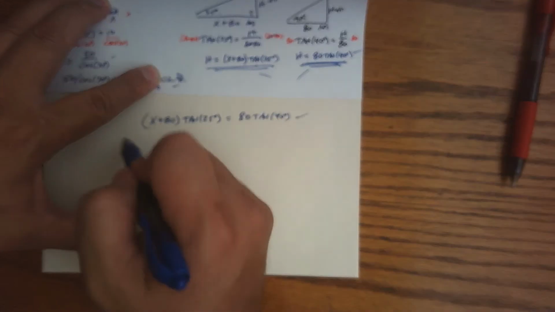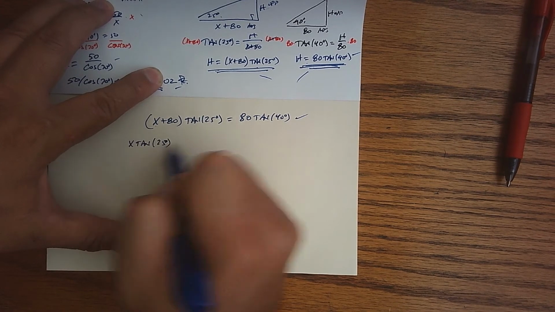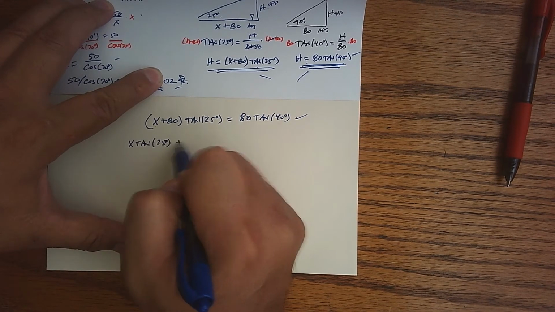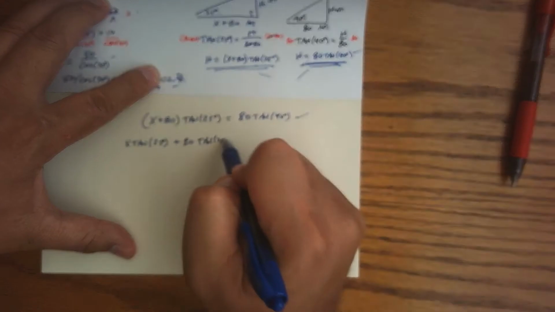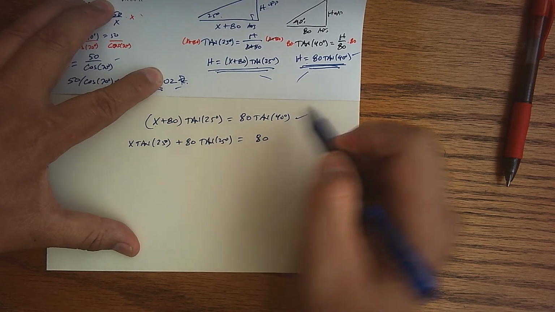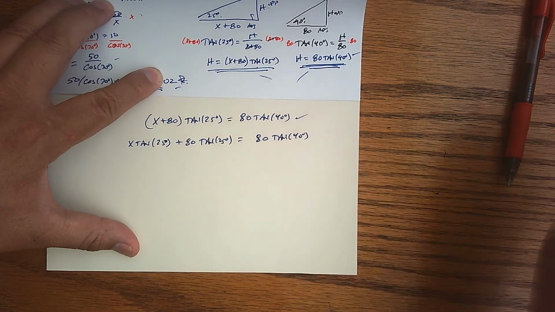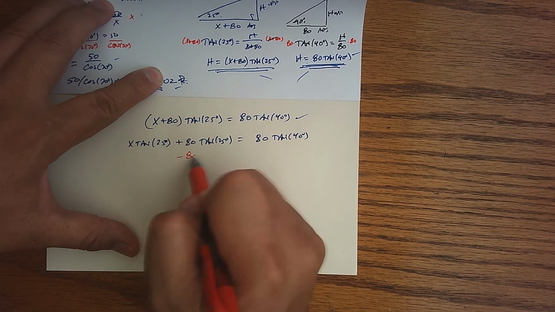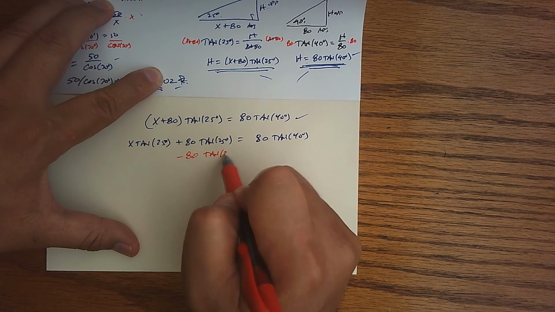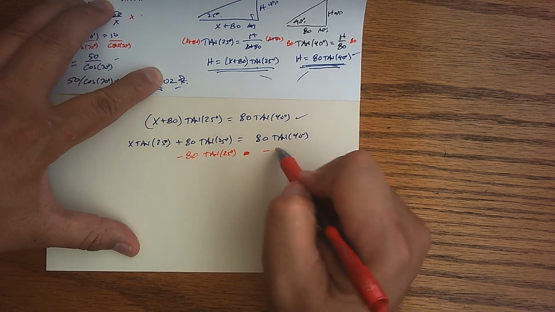I'll first distribute. Okay, and to start getting this x by itself, my first move would be to subtract that term from both sides.